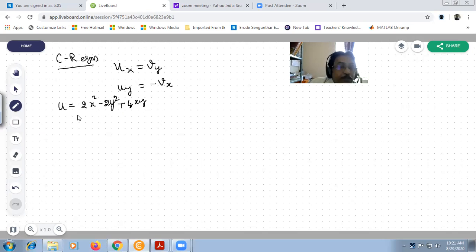It is harmonic is given. You have to find the conjugate harmonic. For this, you write Ux first. Ux is 4x minus 0 plus 4y. We differentiate with respect to x. What is Uy?